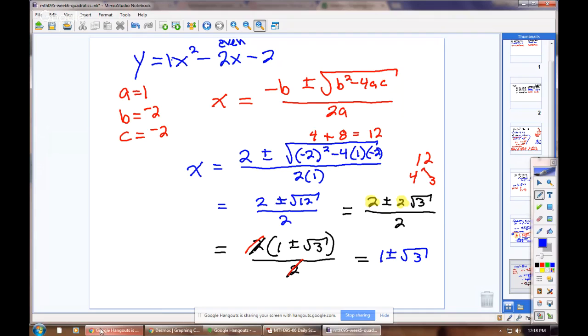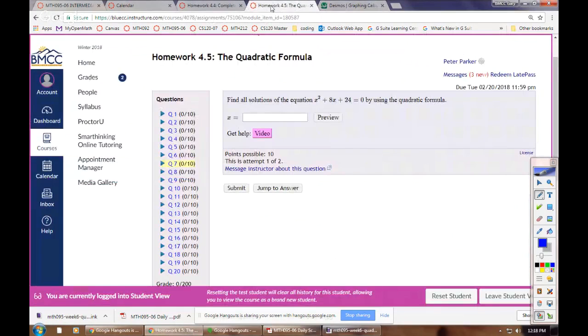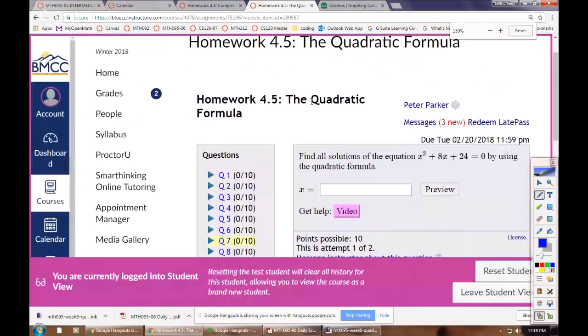So let's take a look at a couple other problems. Your homework, let's grab one from 4.5. So here, quadratic formula section, I've got x squared plus 8x plus 24 equals 0. It says use the quadratic formula.